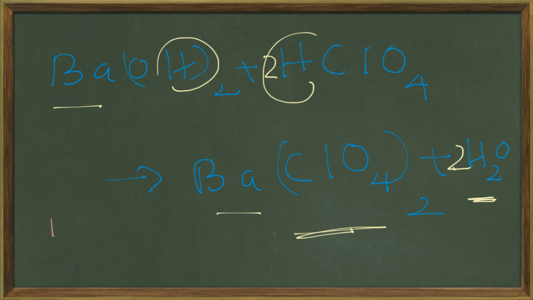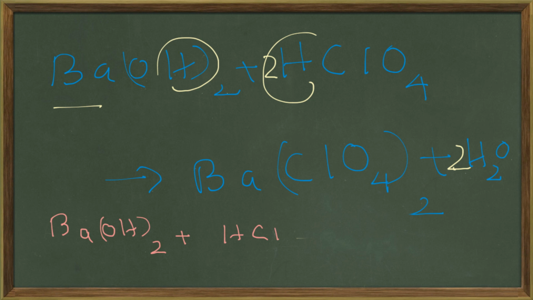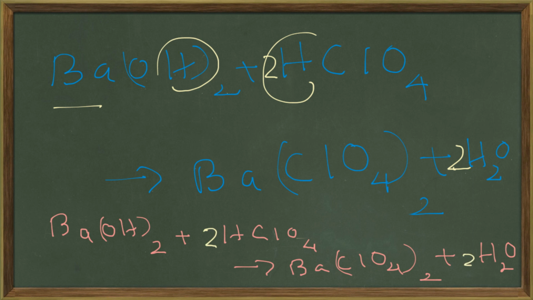Okay. So barium hydroxide reacting with perchloric acid, HClO4, gives me barium perchlorate plus water. Then I have 2 in front of it, 2 in front of it.